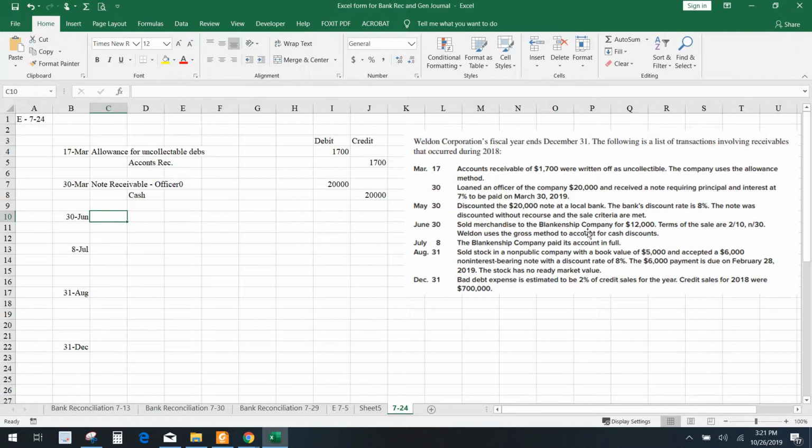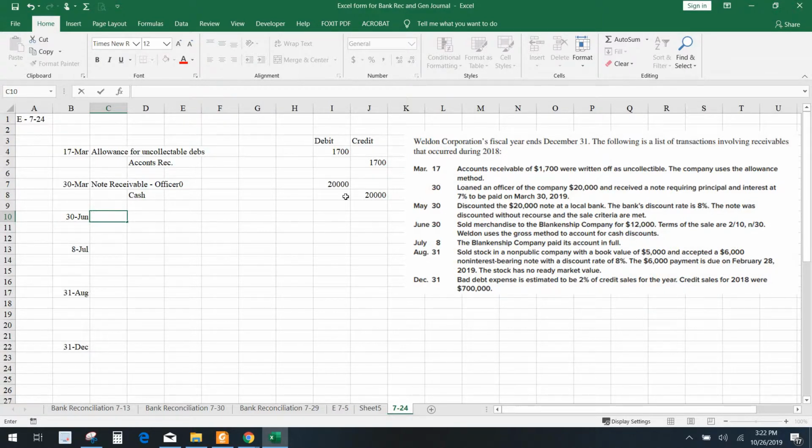Sold merchandise to the Blankenship Company for $12,000. Terms of the sale were 2/10, net 30. Weldon uses the gross method to account for cash discounts. So gross method means gross in, gross out. Gross is the number given, net is the number given minus the discount.